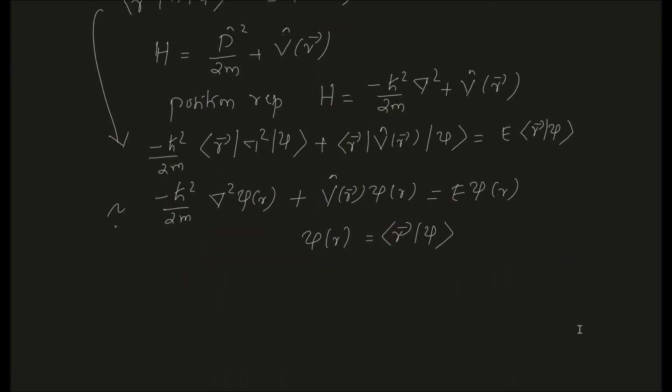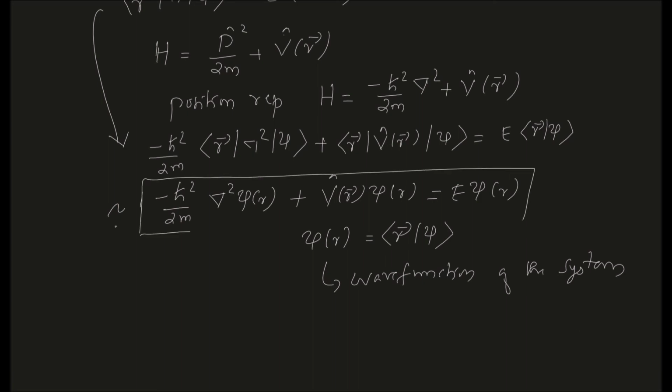So psi of r is called the wave function of the system. So what we have in Schrodinger's approach is the wave function of the system, and this differential equation is known as the Schrodinger equation.